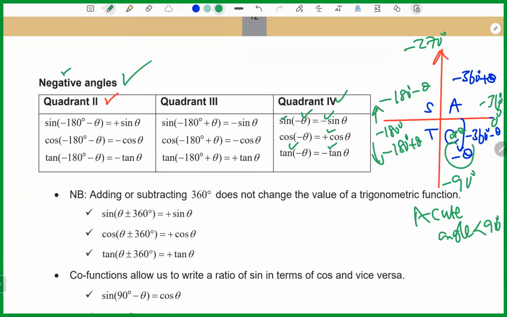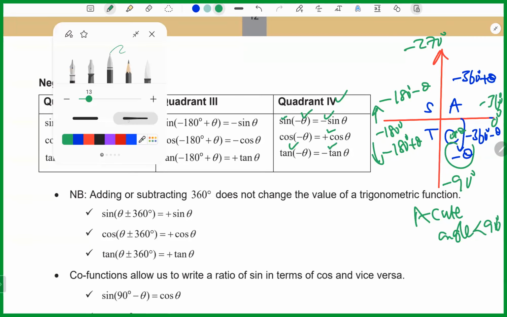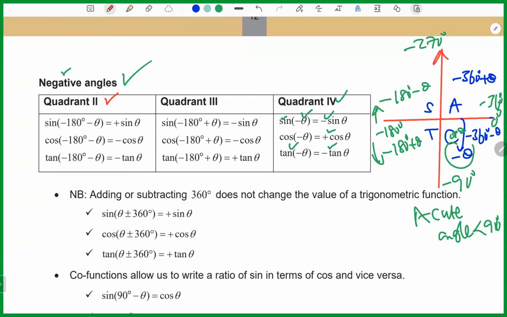So if you focus on quadrant 3, right, so quadrant 3 is obviously this one here, you'd be having this one, because of the minus 180 plus. Why is it minus 180 plus? Because this is minus 180.